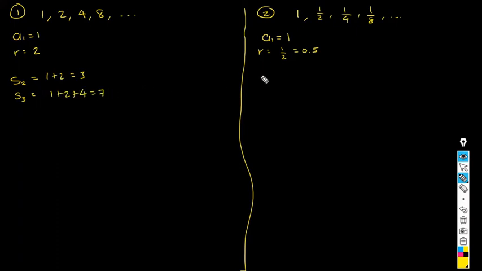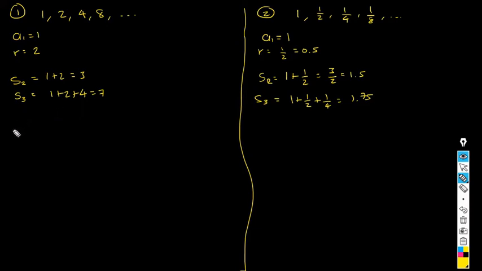Now for this one, S2 is equal to 1 plus 1 half, which is equal to 3 halves, or 1.5. And the sum of the first three terms is 1 plus 1 half plus 1 fourth, which is equal to 1.75.